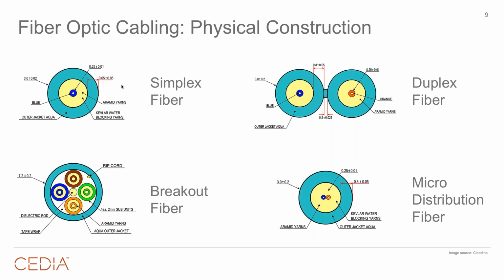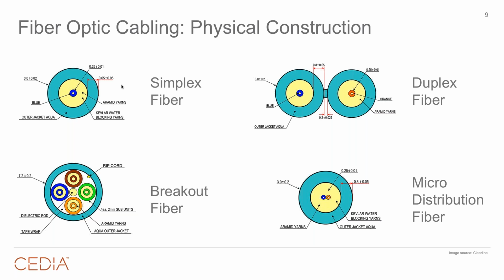Both types have multiple strands within a single outer jacket. Now, breakout fiber, and you can get this in different strand counts, a 2-strand, a 4-strand, a 6-strand, et cetera, breakout fiber has more heavily jacketed individual strands.